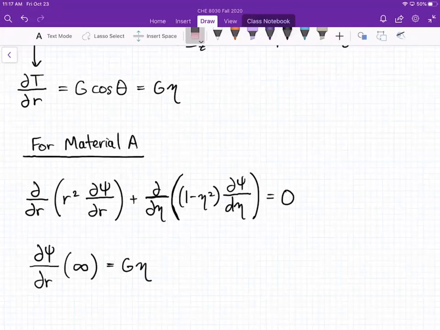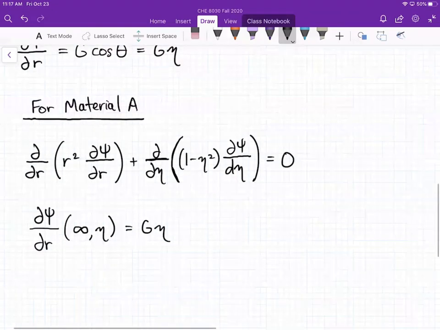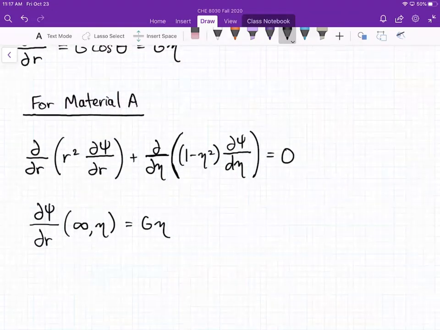Well, this is a two-dimensional equation, so far away from my sphere and for all etas, G eta. Right, for now, I'm just going to write that one boundary condition.